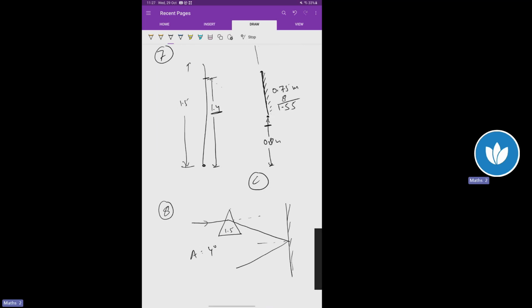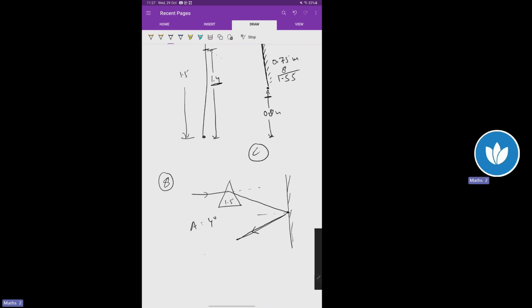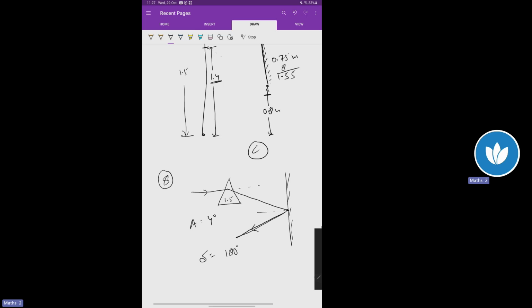For the ray after reflection to become horizontal, the mirror must be rotated through an angle of. So to make this final reflected ray horizontal, total deviation should be 180 degree.